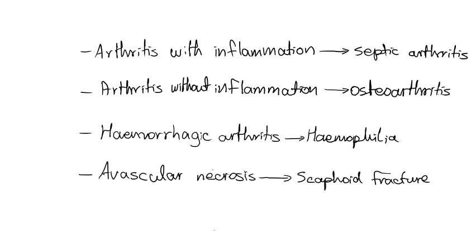If they say that they do, then, well, they are likely to have some sort of injury to the scaphoid bone. So these are 4 examples of classifications that we can use to classify arthritic conditions.